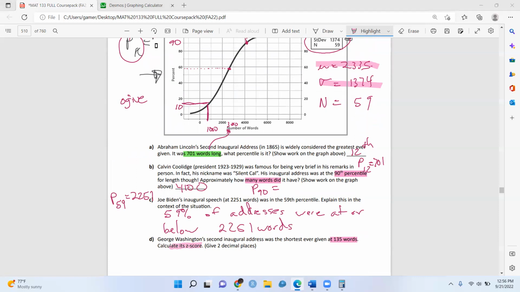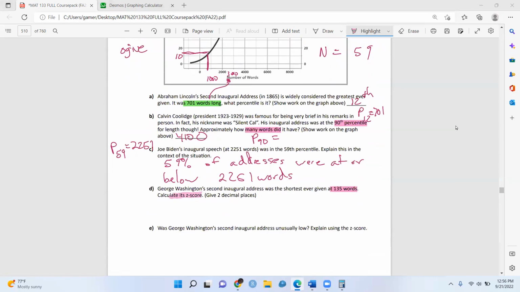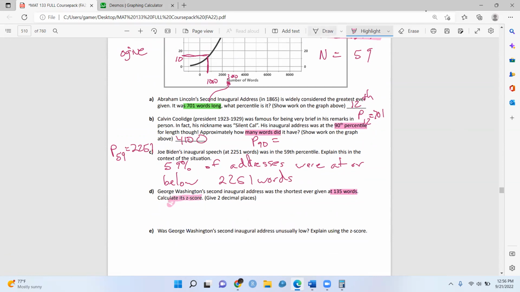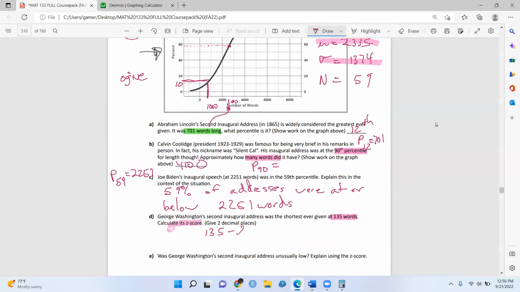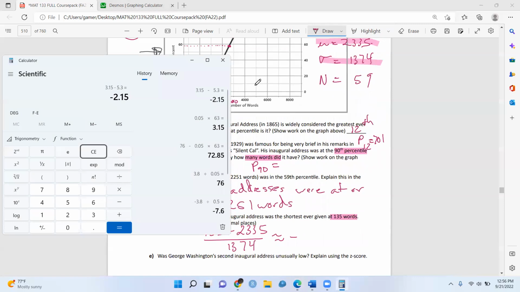That's it. X minus mu divided by the standard deviation. So 1351 minus 2335 divided by 1374. Note 2 decimal places. It's a negative something.